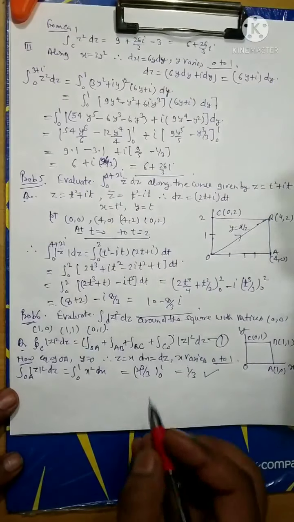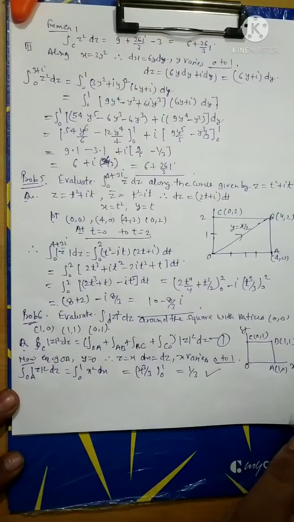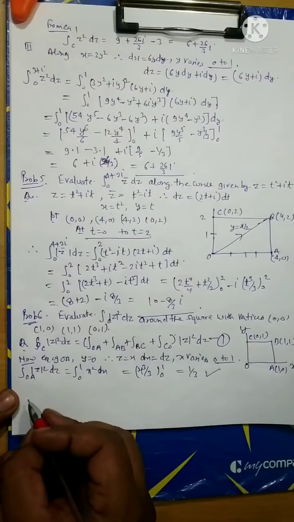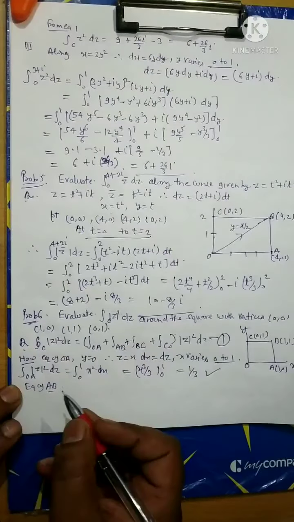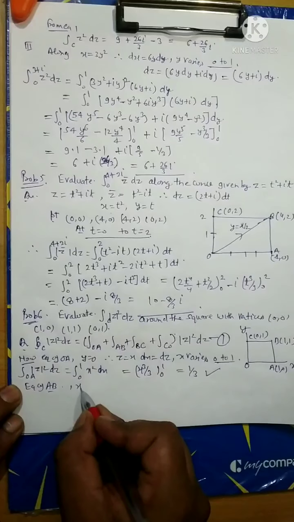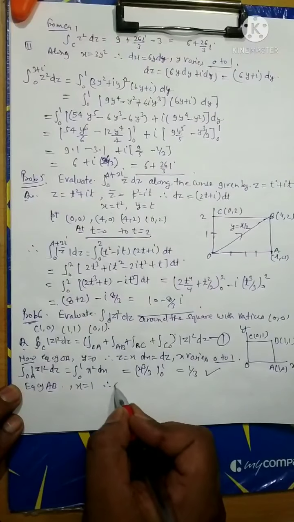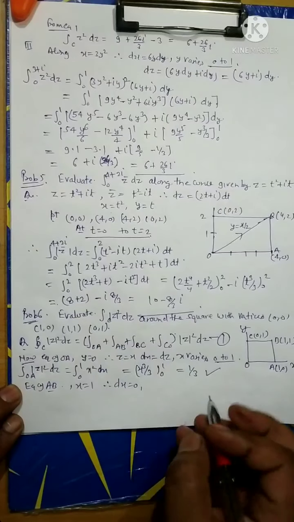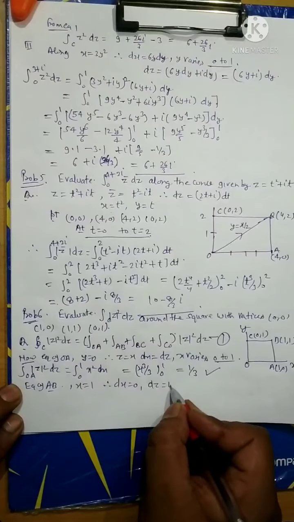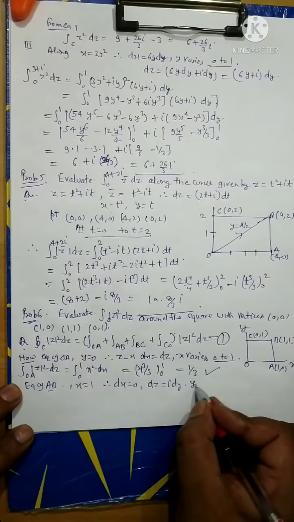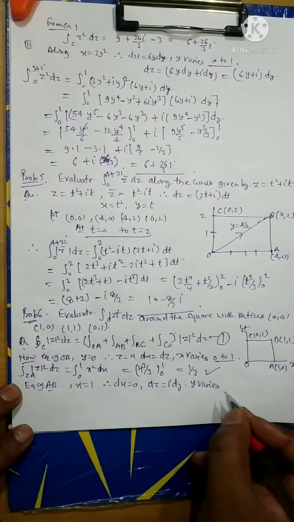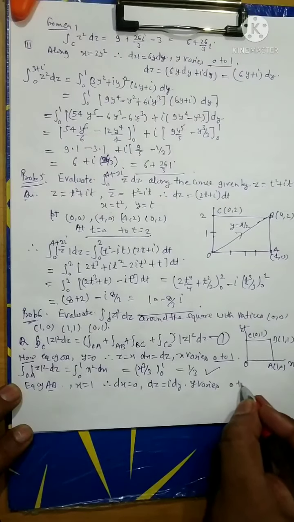Now along AB, equation of AB, x is equal to 1, dx is equal to 0. Now dz converts into i dy, y varies 0 to 1.